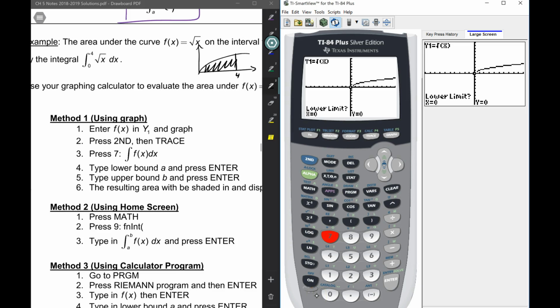Lower limit 0, upper limit 4. Enter. There it is. So what you are doing is splitting it up into rectangles, finding the area, and adding them up.